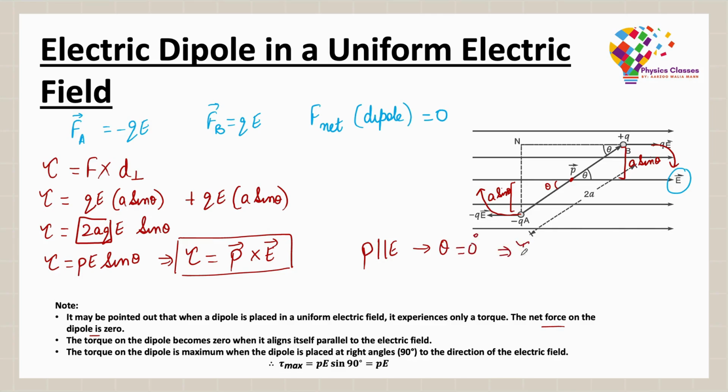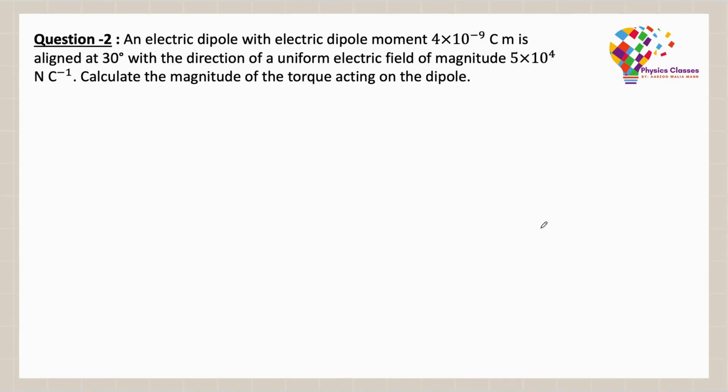On the other hand, if P is perpendicular to the electric field, then theta would be 90 degrees, and at that time the torque would be maximum. This maximum torque is simply PE, and the other one is 0. So if your dipole moment and electric field align themselves, that gives you 0 torque, but if they are perpendicular to one another, they will give you the maximum possible torque, which is equal to PE.